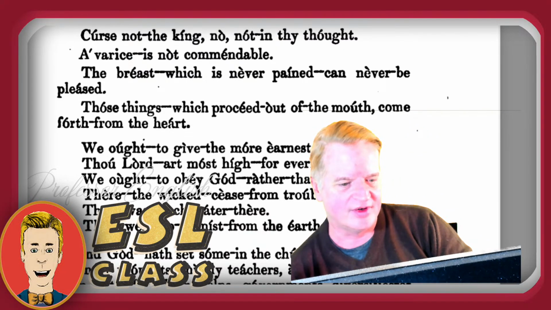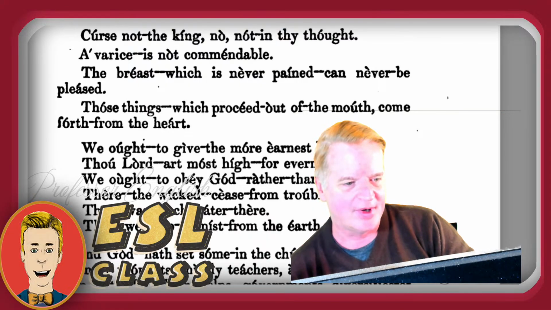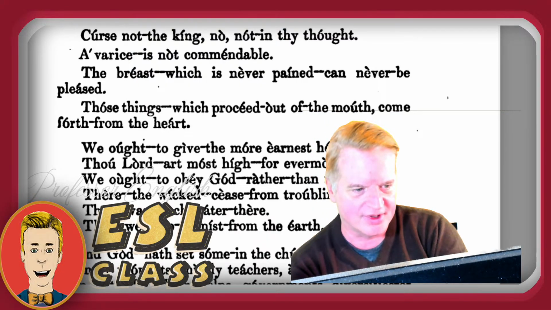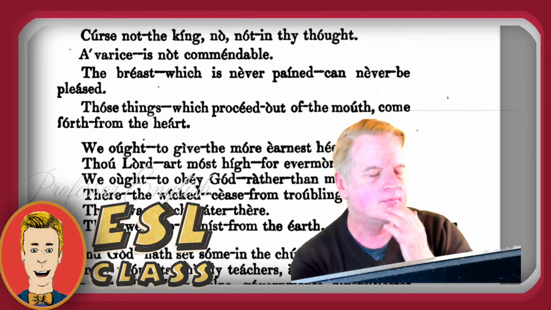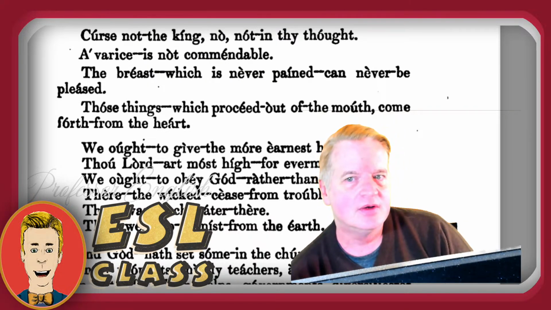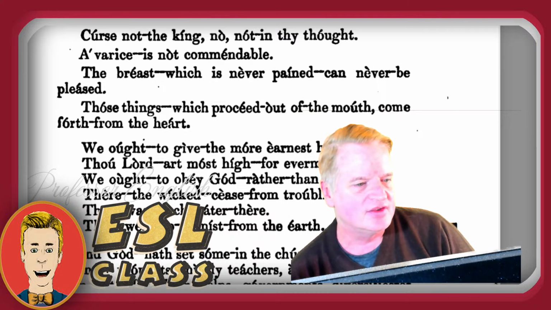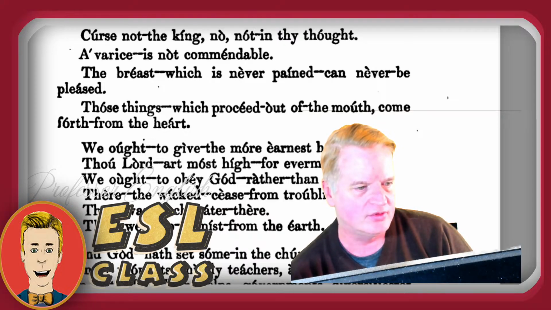Okay, and now we have an old word here, avarice. I know that word, but I don't remember what it means. So let's look it up. Avarice is being very greedy or trying to get a lot of money, or being jealous of people who have a lot of money, being materialistic.